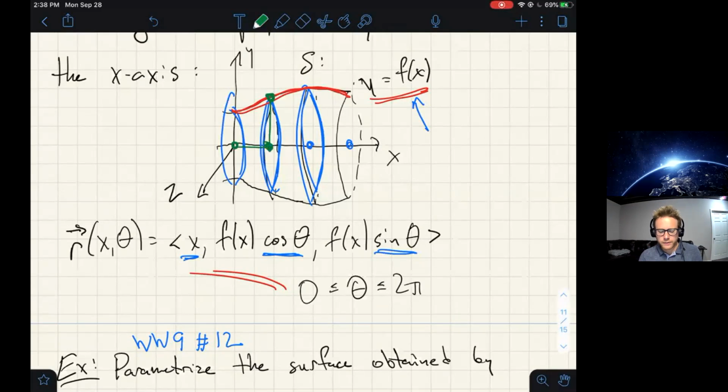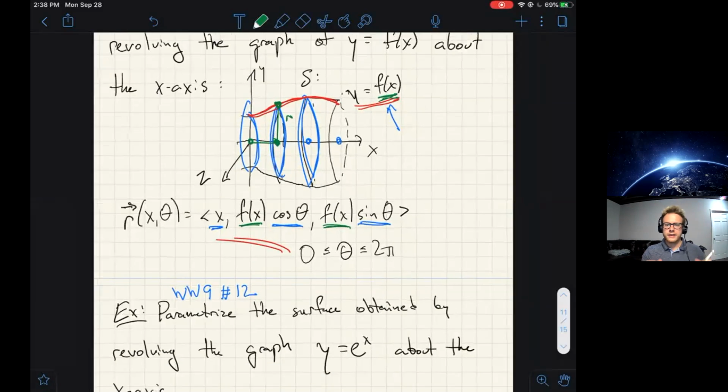And remember, this height right here is acting as a radius, right? This is essentially a radius off the x-axis. And so we take this and we generate a circle. So this is why you can see the height is the radius. That's the r cosine theta. Here's the r sine theta, right? So this is just the radius, the height, this y value, the f of x. That's your radius there. So that's why this works out so well.